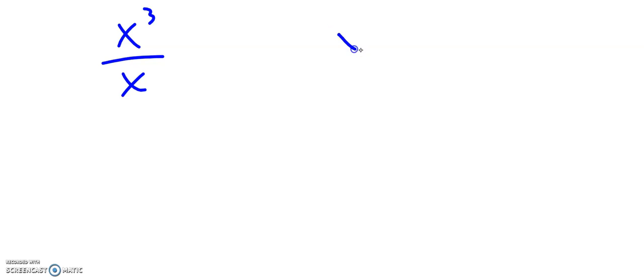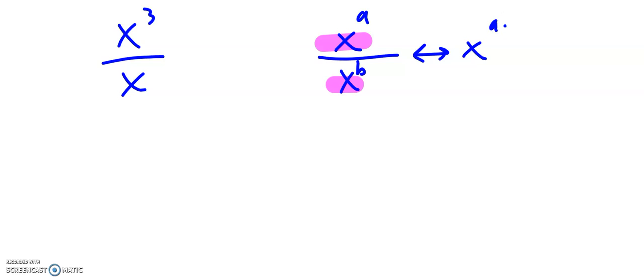One is that anytime I have division of the same base, so this is the base and this is the base, those are the same, I subtract the exponents. So this is the same as x to the a minus b. In this case, although it is not written here, this is x to the first. So when I divide these, this becomes x squared because 3 minus 1 is 2.